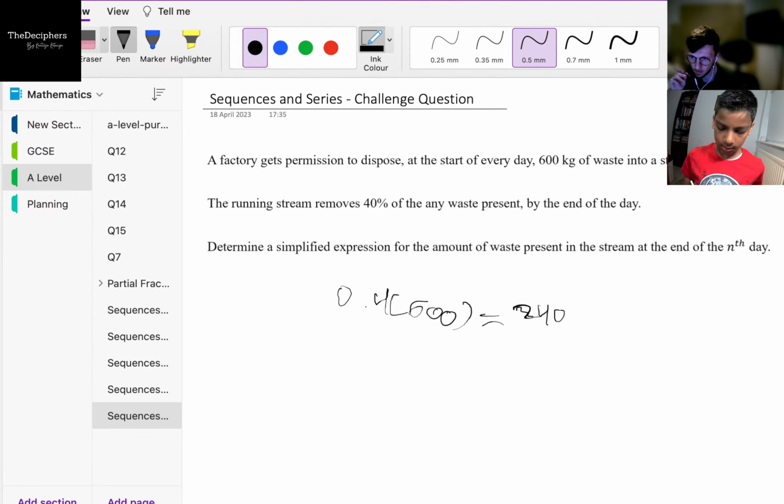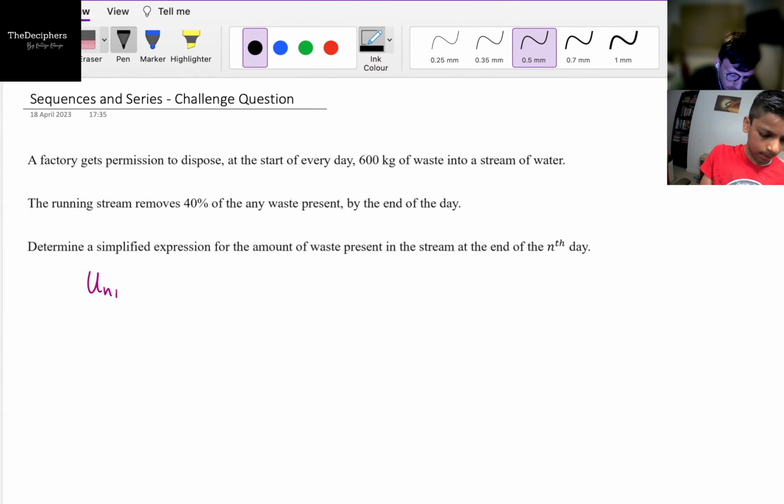So it's actually a series. So let's think about what's happening first. Okay, what I want you to do is write an expression for u_(n+1), the formal recurrence relation, which gives the amount of waste at the end of the nth day.